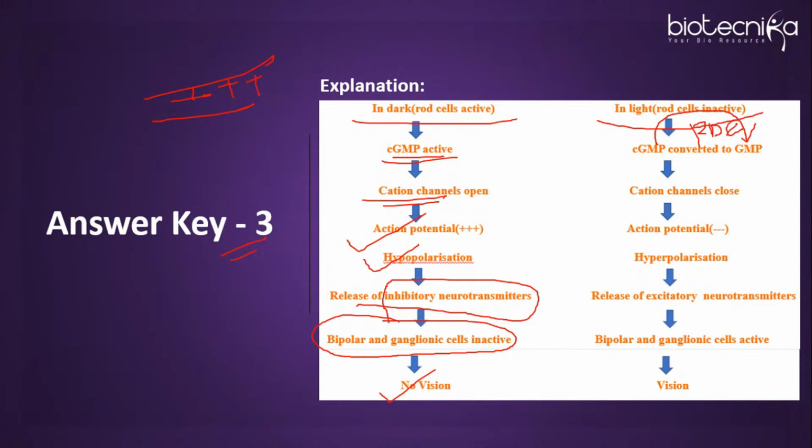PDE, phosphodiesterase, is responsible for the breaking of your second messengers. So this leads to what? Closing of cation channels, so action potential will not be there. Positively charged ions will move outside. This leads to hyperpolarization, and the membrane becomes negatively charged. This leads to the release of excitatory neurotransmitters, due to which the bipolar and ganglionic cells will become active.